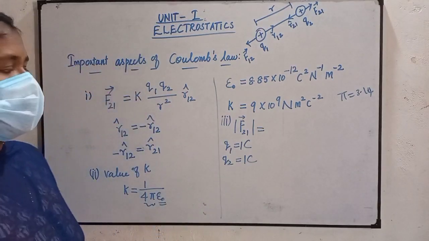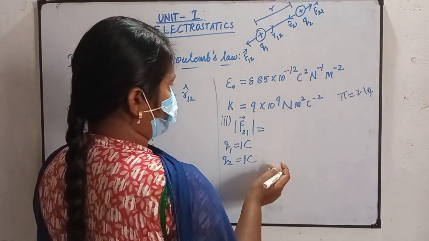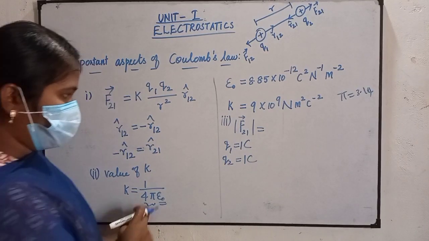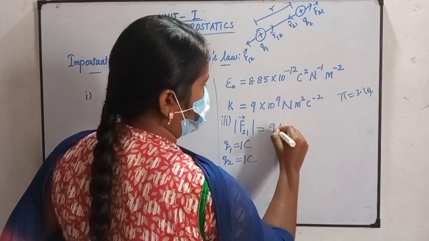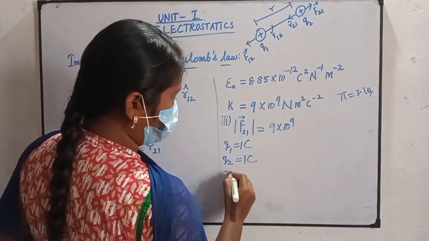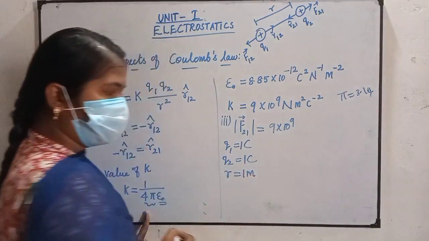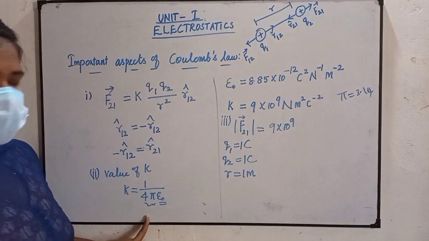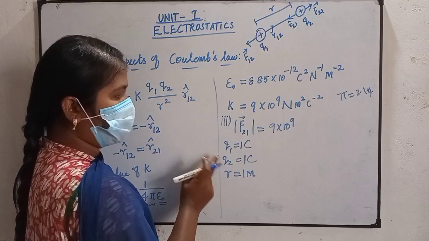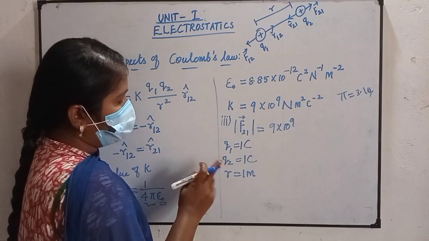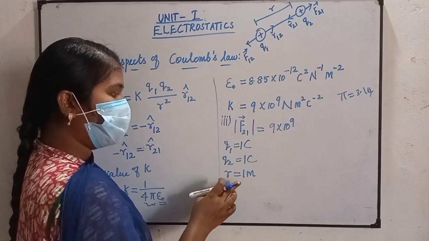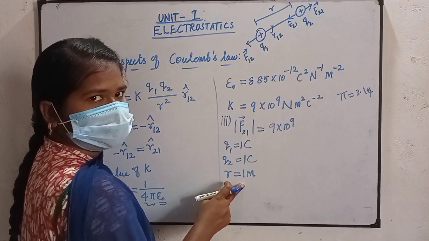We know K is 9 into 10 to the power 9, and we take R as 1 meter. That is, 1 Coulomb of charge and 1 Coulomb of charge placed at a distance of 1 meter.